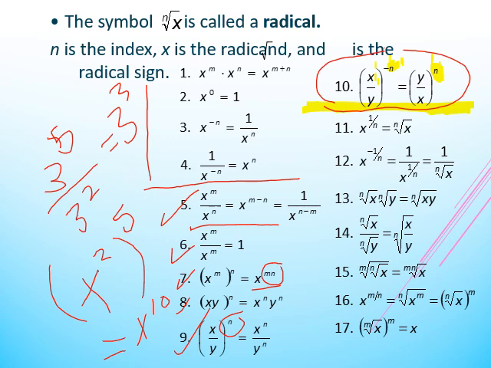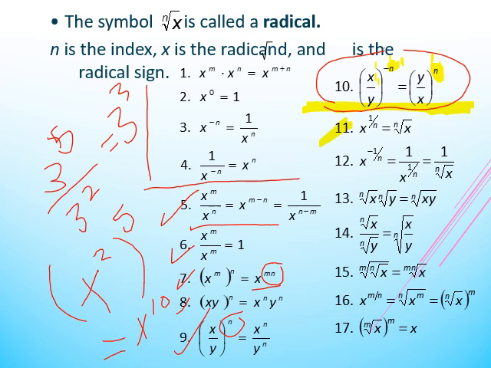Now we will move to the rules for the radicals and how we can deal with them. Number 11, if we have x to the power 1 over n, this means we can convert it to the radical sign. So x to the power 1 over n is equal to the nth root of x.